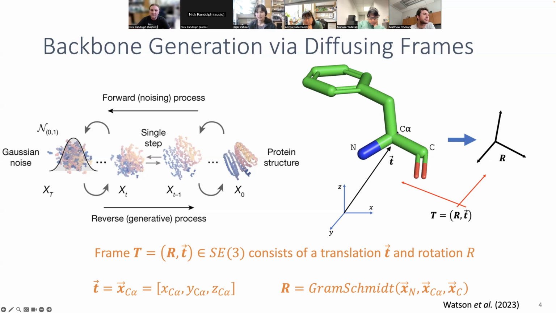So essentially what you're doing is lining up this C alpha to C bond with this x-axis, and then you'll have your rotation matrix. You can define this mathematically using the Gram-Schmidt orthogonalization process, using the N, C alpha, and C coordinates. But intuitively, you're lining up the C alpha C bond with the x-axis and forming this rotation matrix.